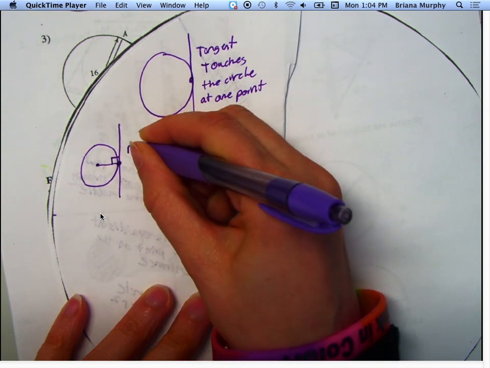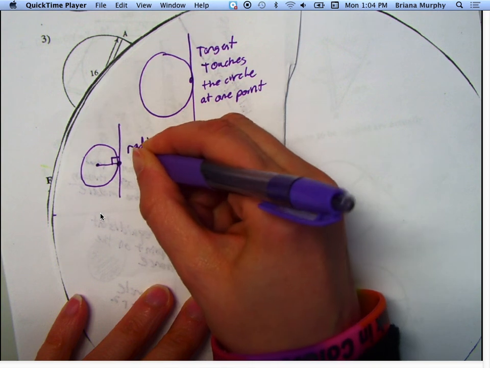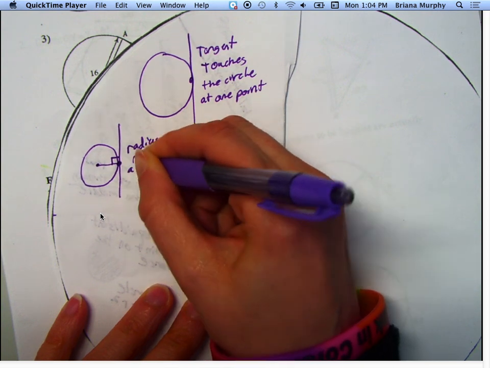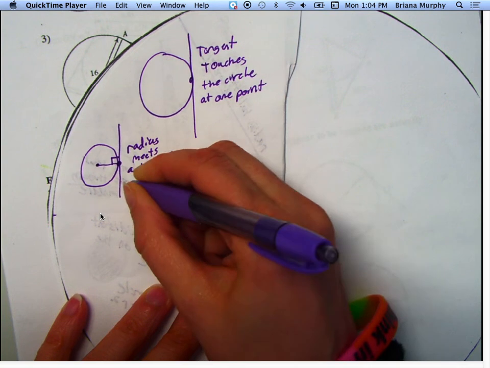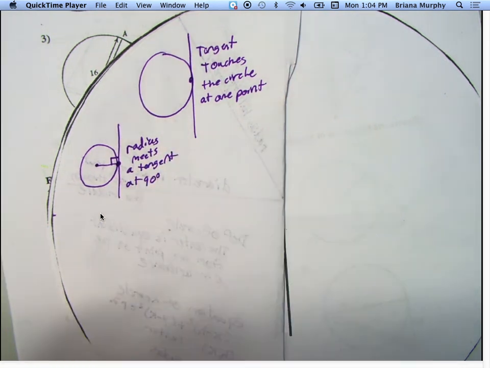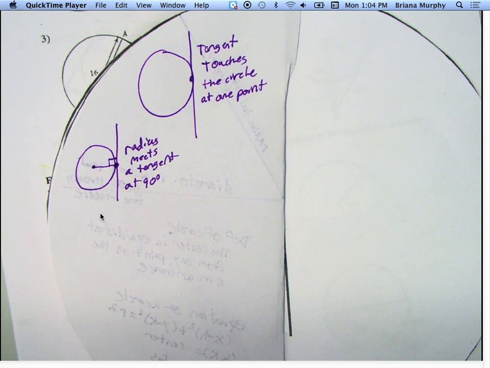So we're going to say a radius meets a tangent at 90 degrees. One done.